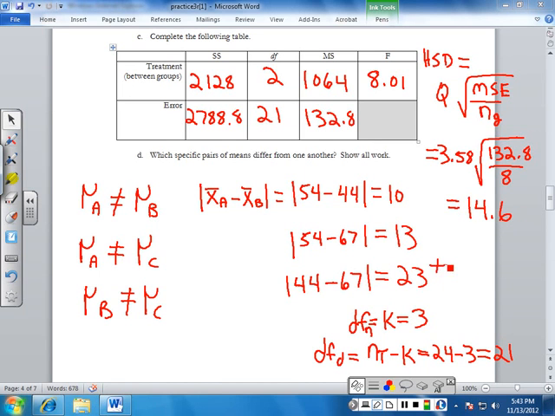This is how far apart do the sample means have to be before we conclude that the corresponding population means are different. So that only happens once.